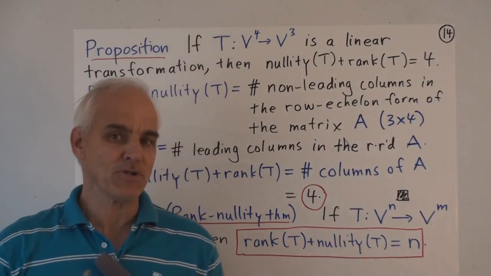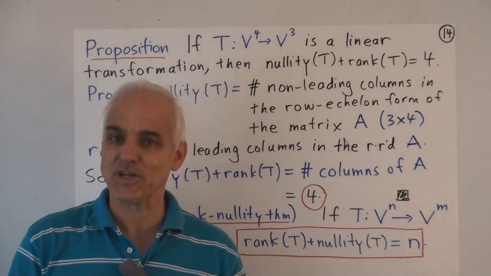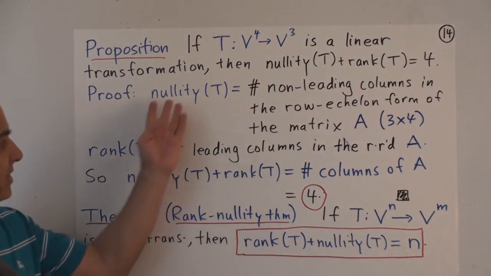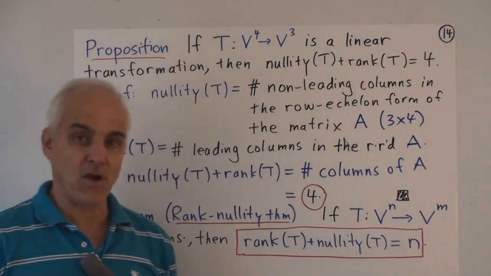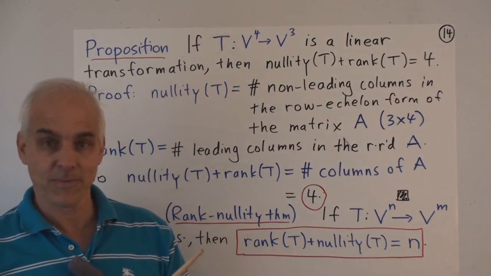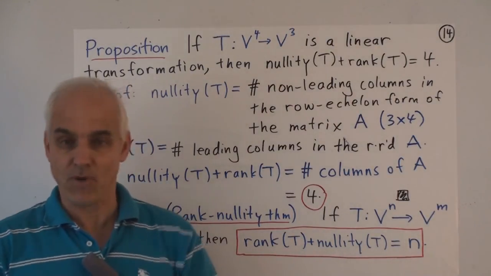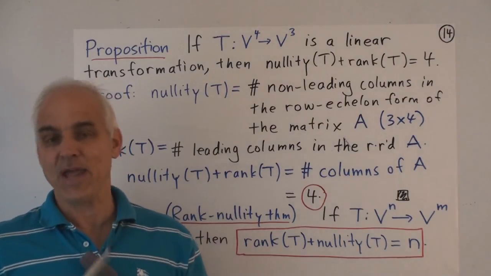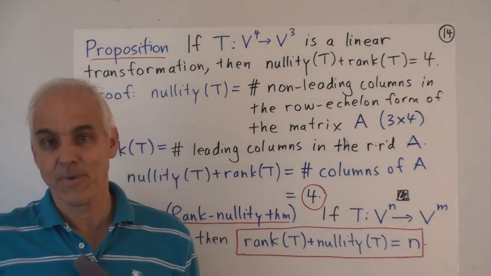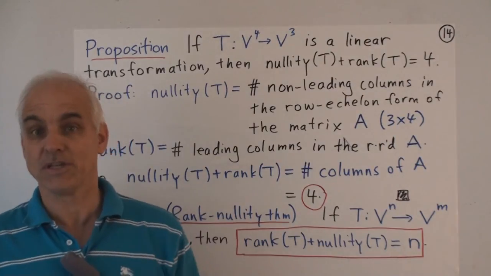And the reason is almost obvious from the two observations we made on the last slide. Because the nullity of T is the number of non-leading columns once we've row reduced, and the rank is the number of leading columns once we've row reduced. So if we add them together, we just get the number of columns altogether.